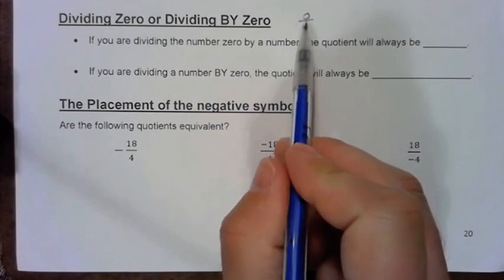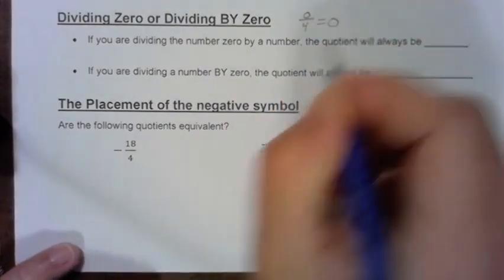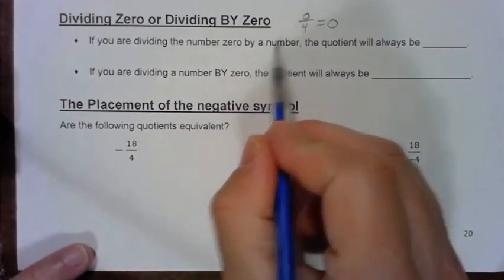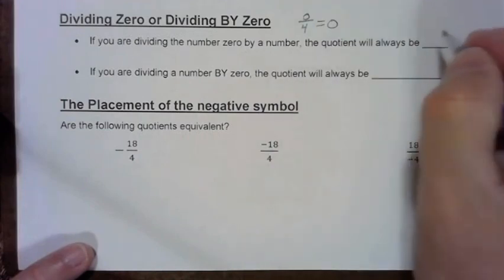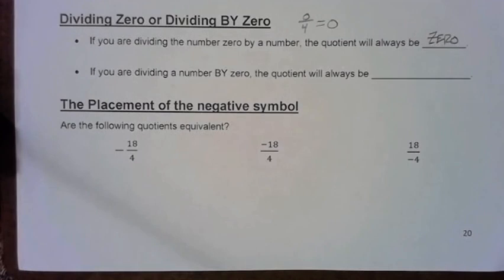If you take nothing and divide it into 4 equal groups, then each group is going to have nothing. So if you're dividing the number 0 by some number, the quotient will always be 0. 0 divided by a number is going to be 0.